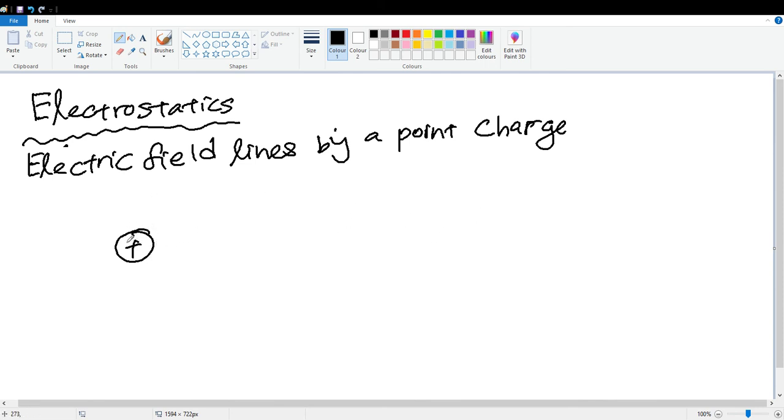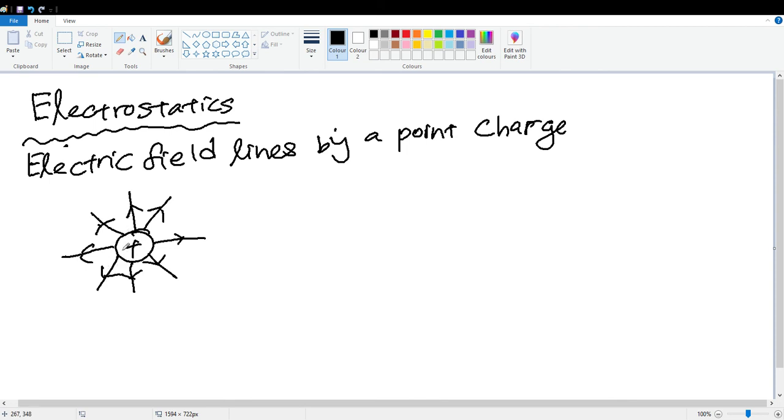The direction of the force on the positive charge can be this way, can be this way. Let's say this will be my F1, and another force can be toward this way, this way, this way, and finally this way.